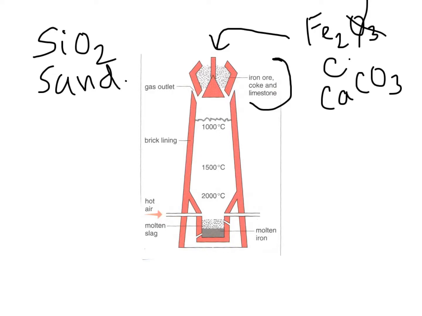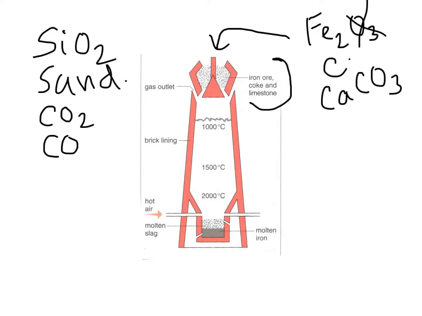Let's understand the reaction between iron oxide and carbon. Carbon initially becomes carbon dioxide by reacting with oxygen, and then as there is less oxygen inside the blast furnace, it reacts again with the incoming carbon to become carbon monoxide.